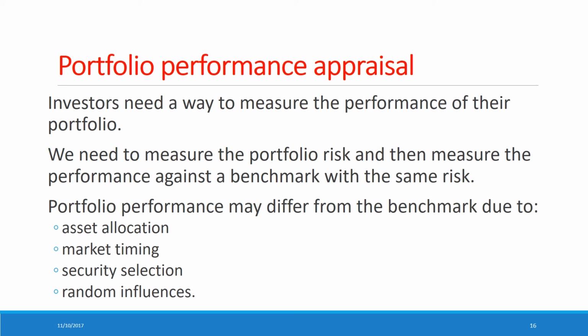So some of the reasons why a portfolio might outperform or underperform the benchmark is because of the investor's ability to choose the right asset allocation, to time the market. The investors might have abnormal or superior security selection skills, or there might be some random factors affecting the returns, right?